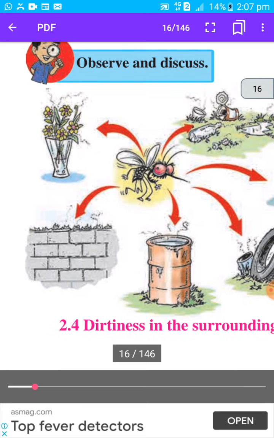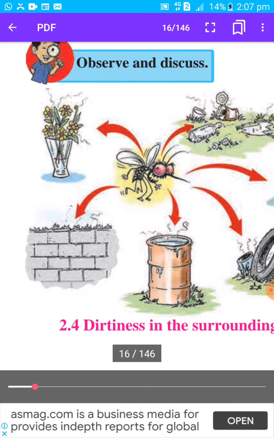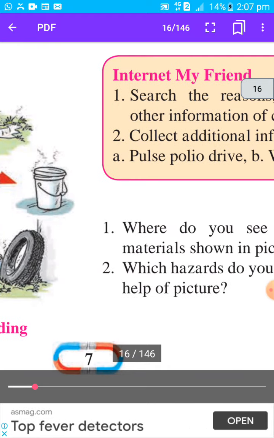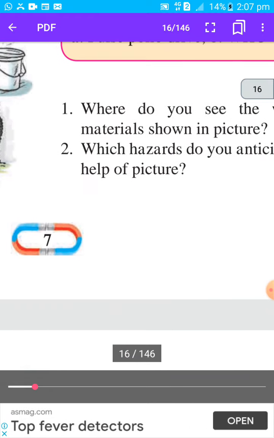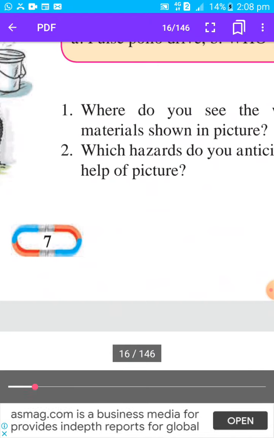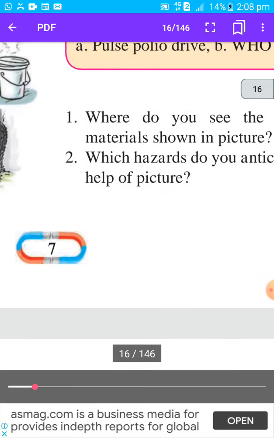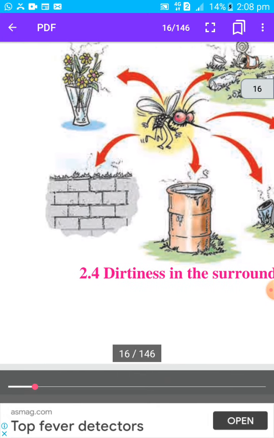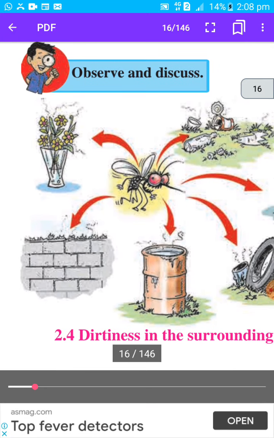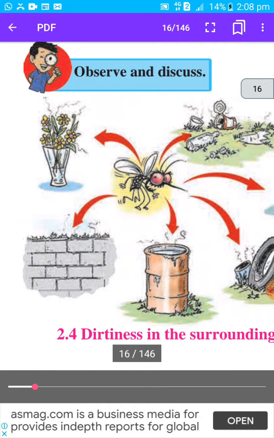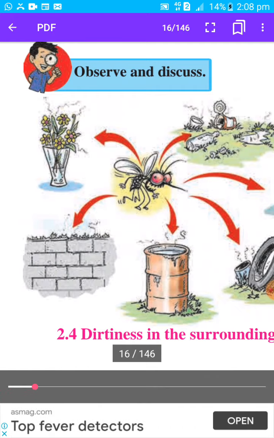So here a mosquito is shown. Okay, and this mosquito is also responsible for many diseases. So that is shown by this picture. Where do you see the waterlogged material shown in the picture? Here you can see a flower pot, a flower vase which contains water, so that will also act like a breeding ground for mosquitoes.